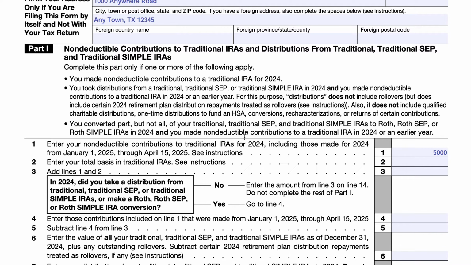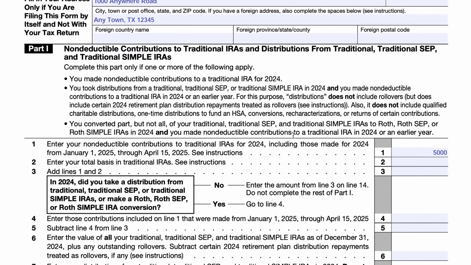So let's just say that John Doe made $5,000 of non-deductible contributions to a traditional IRA. So for the 2024 year, that would also include any contributions made in the following year. For IRA contribution purposes, you're allowed to contribute up to the original tax filing deadline in the following year.